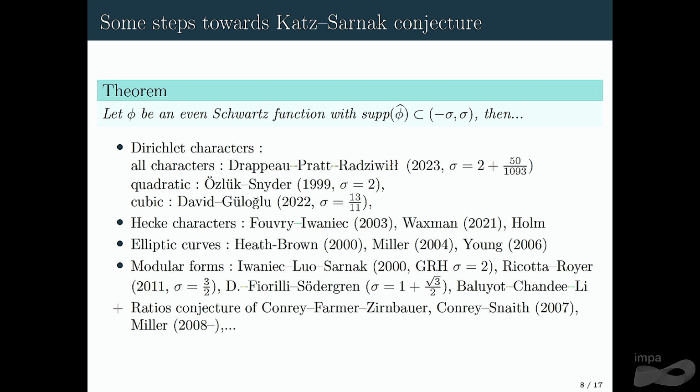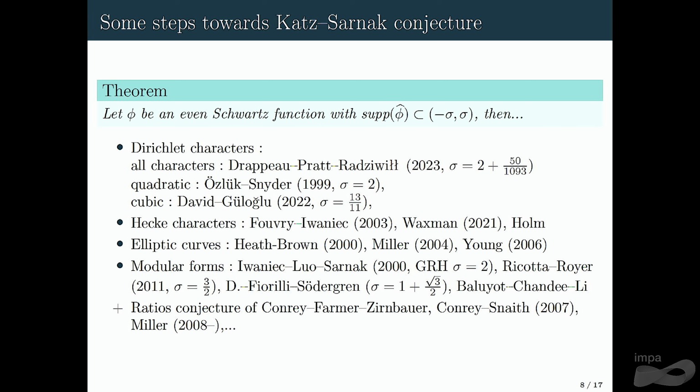Because the kind of theorems that are proved towards the Katz-Sarnak conjecture are usually statements saying: if phi is an even Schwartz function with support of phi hat in some symmetric interval (-sigma, sigma), then we have the limit as predicted by Katz-Sarnak.